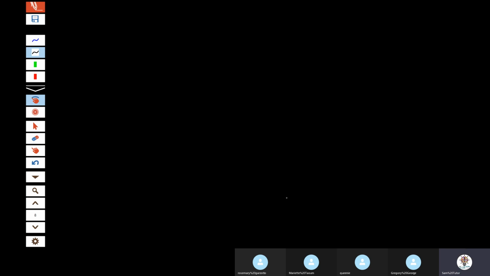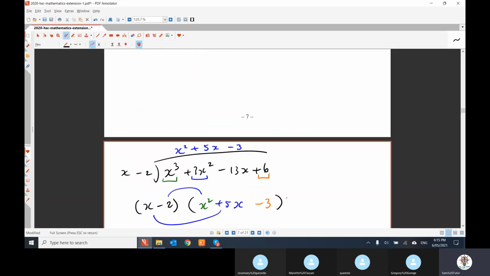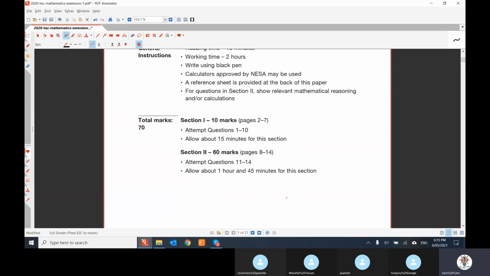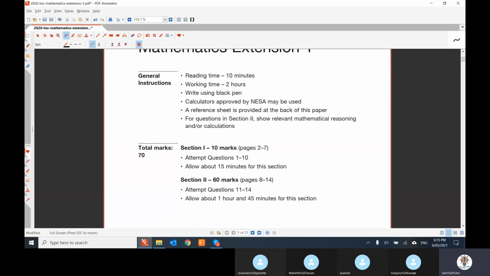What's our minimum? I'll tell you right now, just so we can keep track of this and see if we are already at a band 6. 70 marks. We need to get 78% of 70. We need to get 55. To get a band 6, we need 55 out of 70.